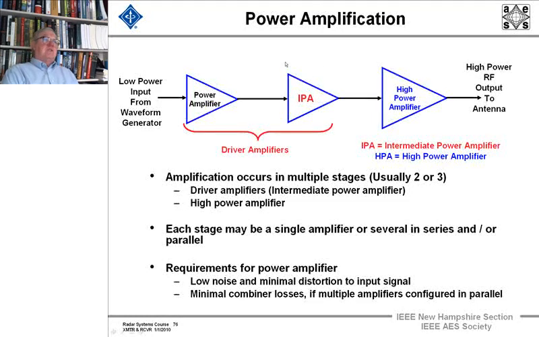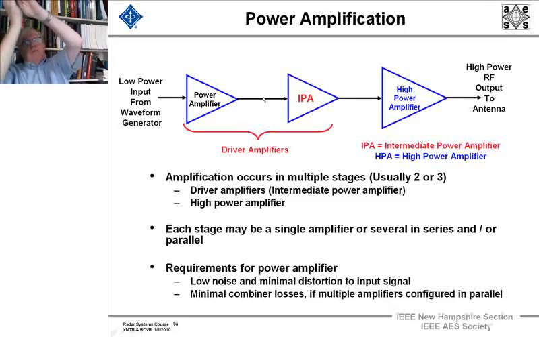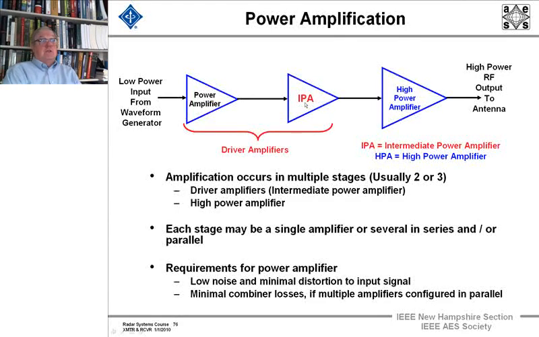If you have tens of thousands of elements that are all sending energy out in a given direction after combining by phase, you don't need a lot of amplification of the transmitted signal from the waveform generator. But the amplification will occur for given usage in multiple stages, usually 2 or 3, with a driver amplifier, it's also called, and then the high power amplifier.